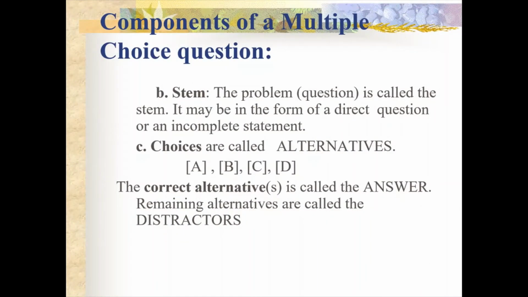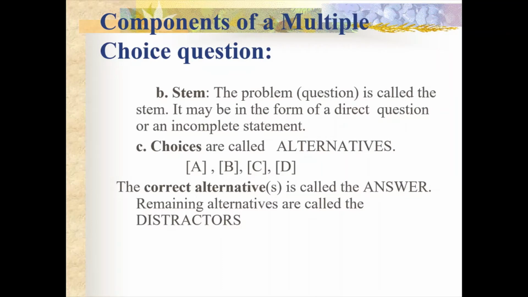Components of a multiple choice question: we have the stem. The problem, the question, is called the stem. It may be in the form of a direct question or an incomplete statement. But in our exam system, we only use statements. We do not use direct questions.